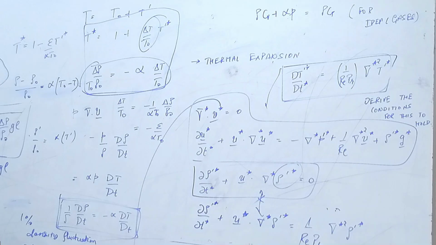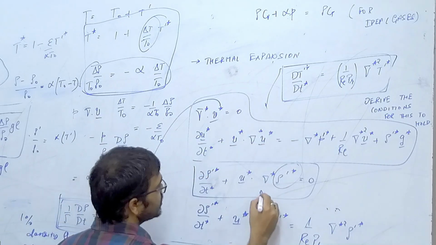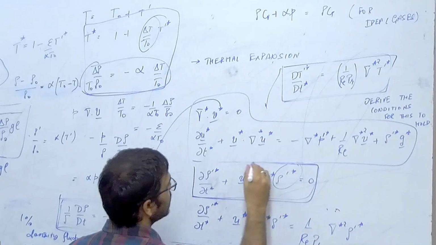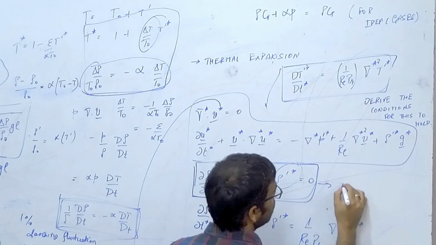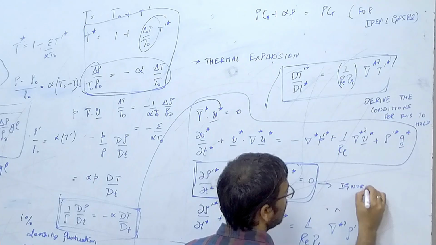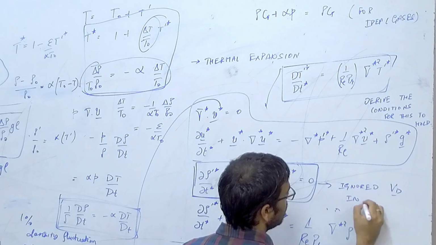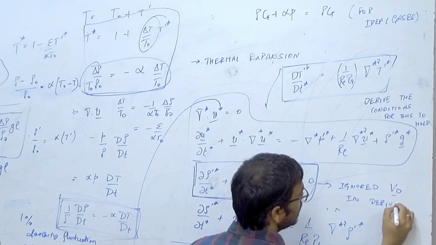The idea is that these two equations are contradictory because we have ignored any diffusive velocity in the derivation of this equation. We have ignored this Vd term in the derivation here, and that Vd is important.